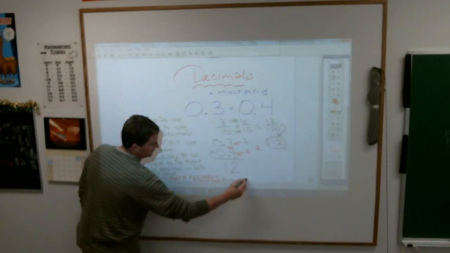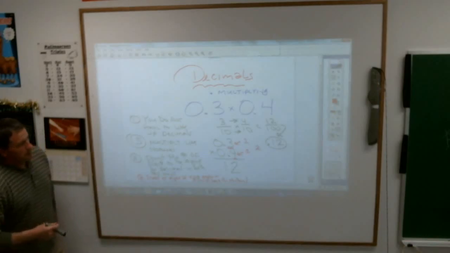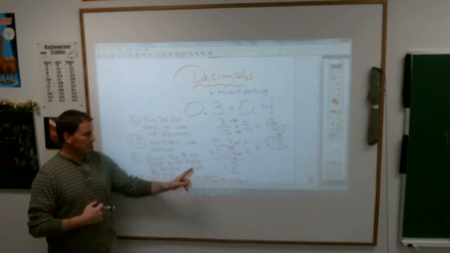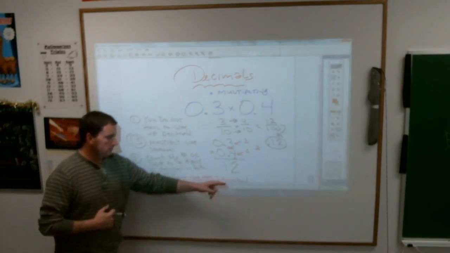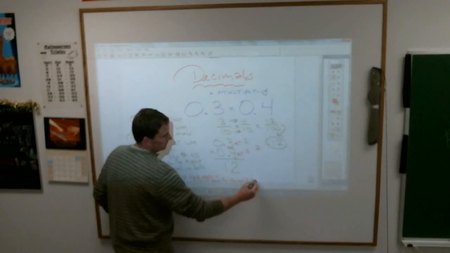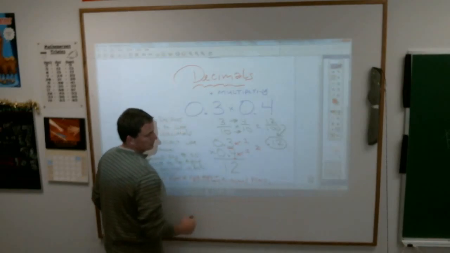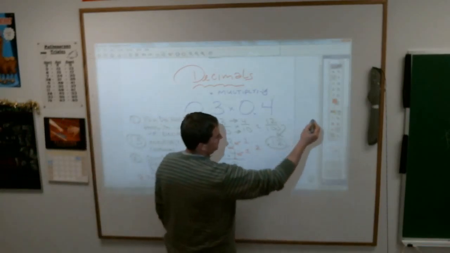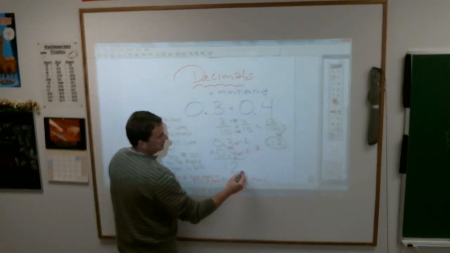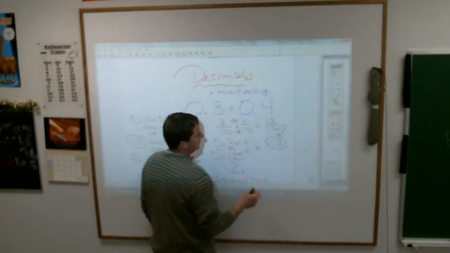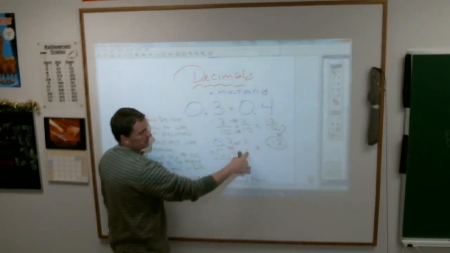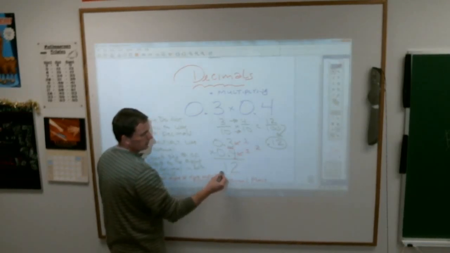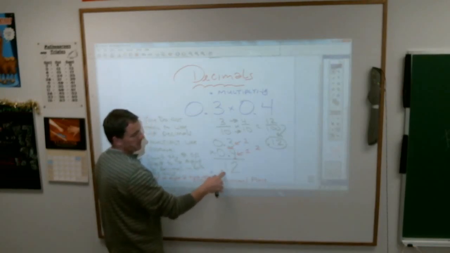It's hard to write, easy to do. Which means this. I start at the right here, but I know my number is 2 when I add those up, so I come back 1, 2 places. And that's where the decimal goes in my answer.